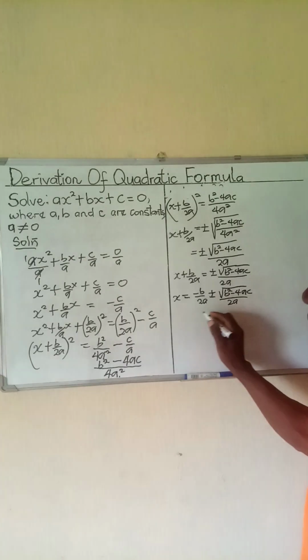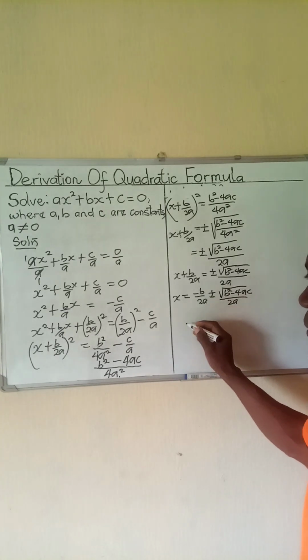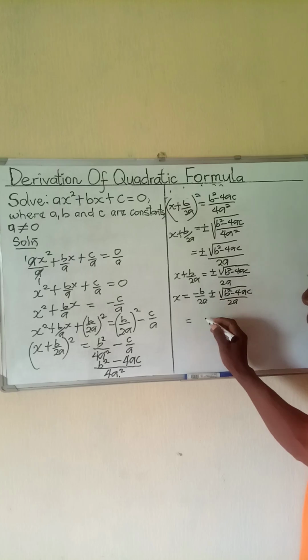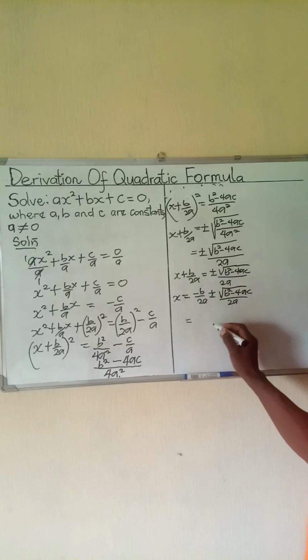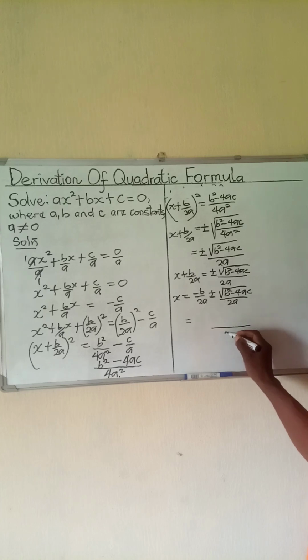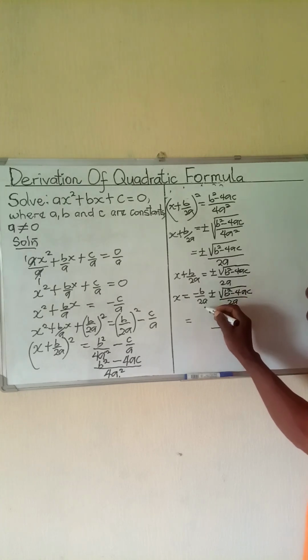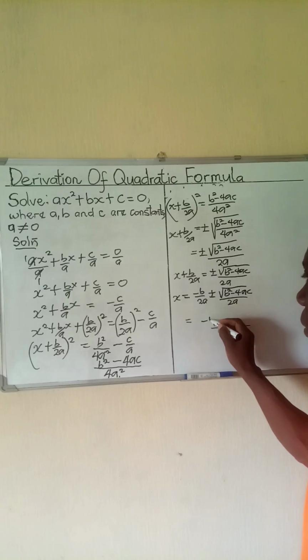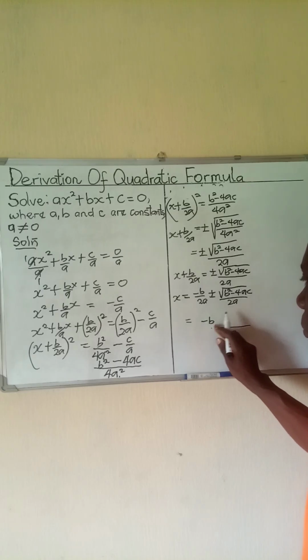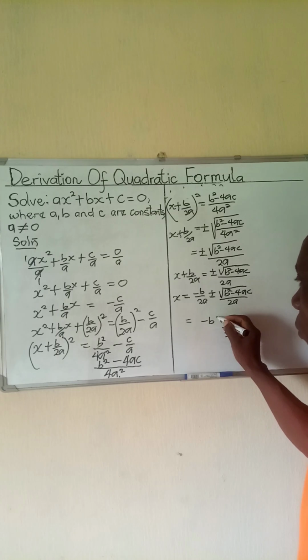Okay, so if we further simplify the right hand side here, what's our LCM here? 2a and 2a, we'll still have 2a, isn't it? Okay, so we can allow that to stay 2a. Now 2a divided by 2a, that will give you 1. 1 times minus b, that's minus b. Very important. And then plus or minus.